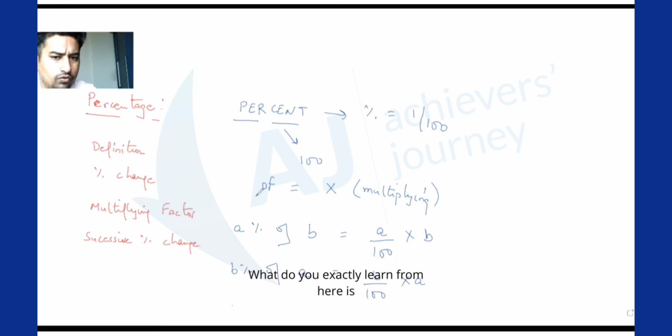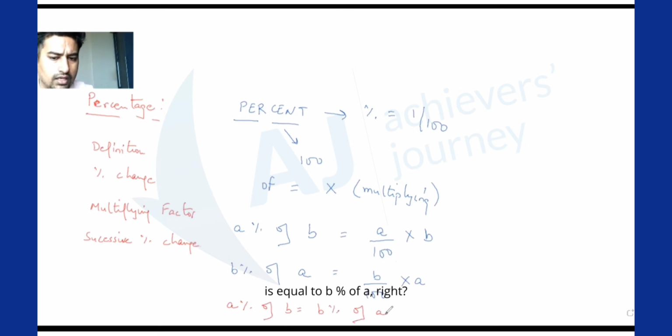So from here, what do you learn? What you exactly learn from here is that A percent of B is equal to B percent of A, irrespective of the values of A and B, right?